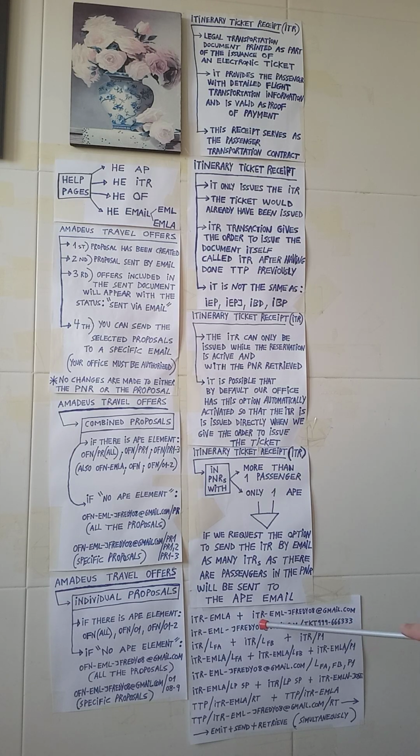But the second transaction, this one, allows sending the ITR document to the email addresses that the client provides at the last minute. Let's move on the next transaction, which is a big transaction.